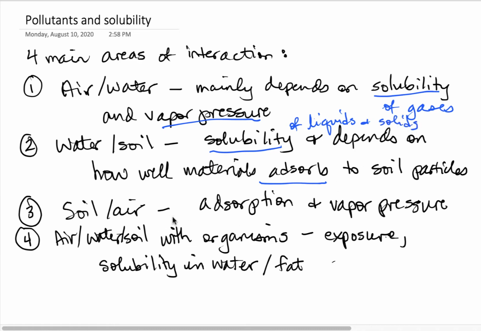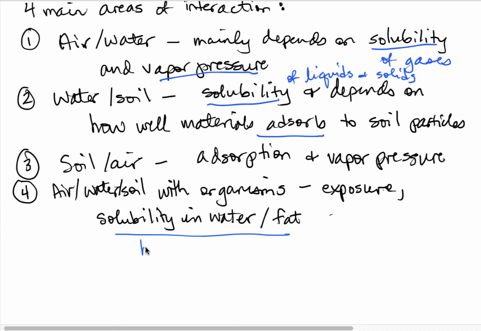And then we have vapor pressure, we already mentioned that one, and absorption. And we also need to pay attention to solubility in living organisms, and along with that, bioaccumulation. So what kind of factors affect whether or not materials stay in the body for a long period of time. There's actually a couple more that I haven't mentioned, but we'll get into them a little bit later.